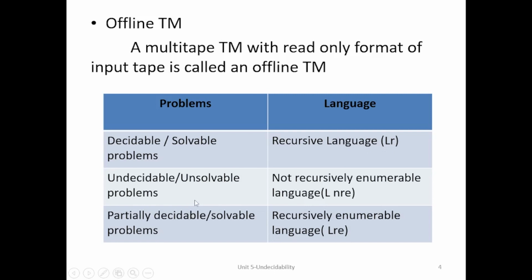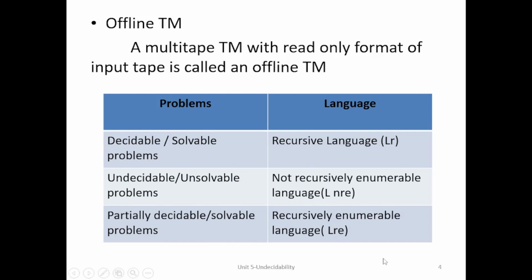If a problem cannot be solved by any method, then that type of language is called not recursively enumerable, shortly noted as LNRE. If we find a solution under certain conditions, then those problems are partially solvable, and that type of language is denoted as recursively enumerable language, that is LRE.